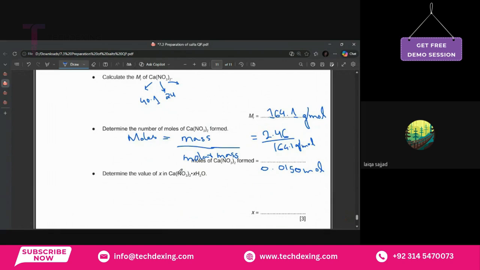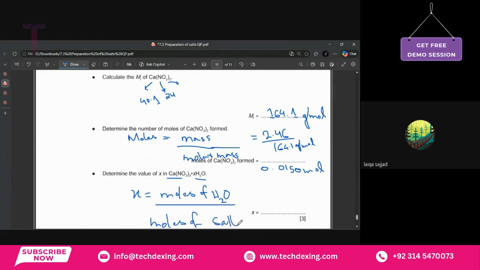It's the ratio between the moles of water and the moles of the salt which will be given to you, any salt. It's always the ratio between these two things. So to find x, we will simply find the ratio of moles of water, H2O, divided by moles of the salt which will be given in the question.